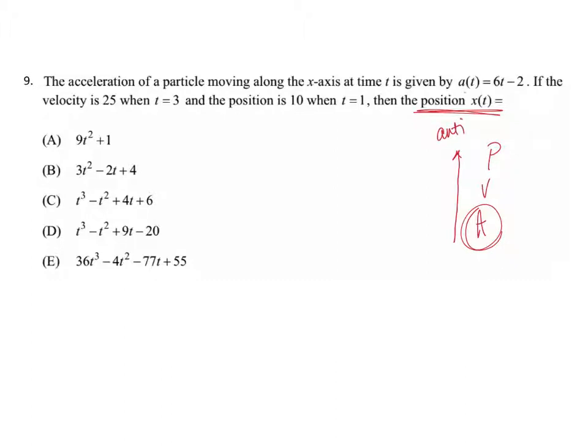So let's take our acceleration, and I know that my velocity function is going to be equal to the integral of my acceleration. So velocity's function here, if I go through, I know v at t is going to be equal to 3t squared minus 2 times t plus c.